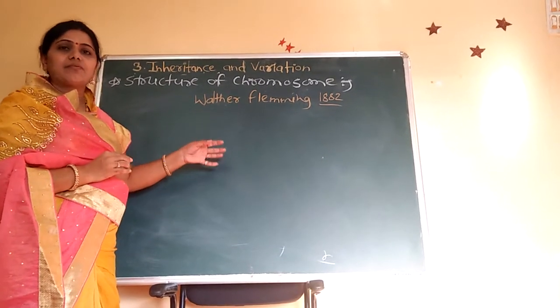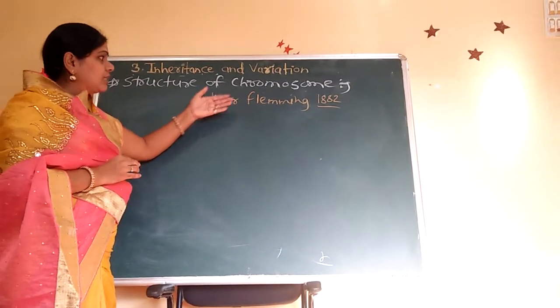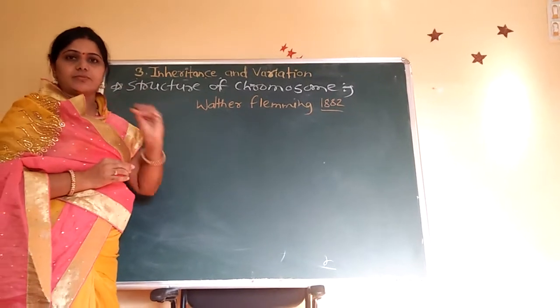In the cell of the larva of the salamander, Walter Fleming discovered the chromosome structure.